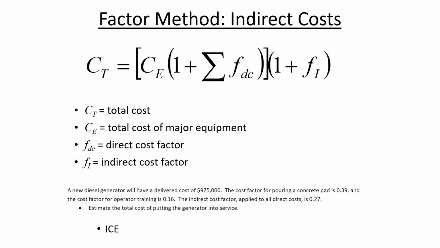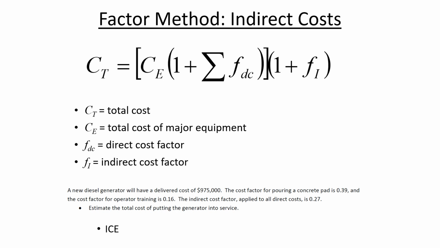No, I'm sorry, $975. So $975, and then we add on the 1 to ensure that the cost of the generator itself is accounted for. Plus we add on the concrete pad, so 0.39, plus adding on the cost of the operator training, 0.16.